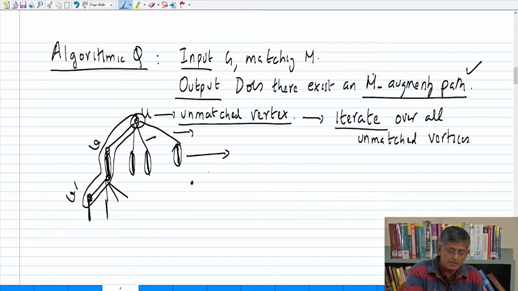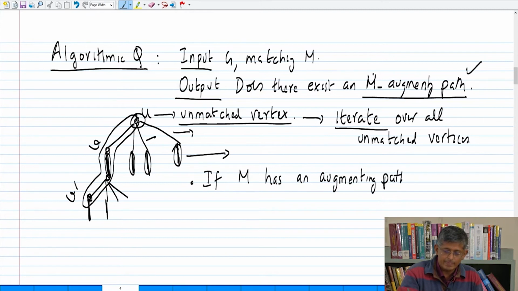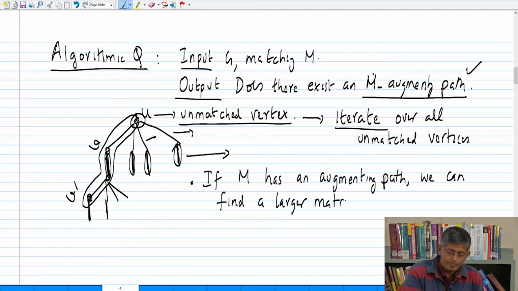We've seen that if M has an augmenting path, we can find a larger matching in G.